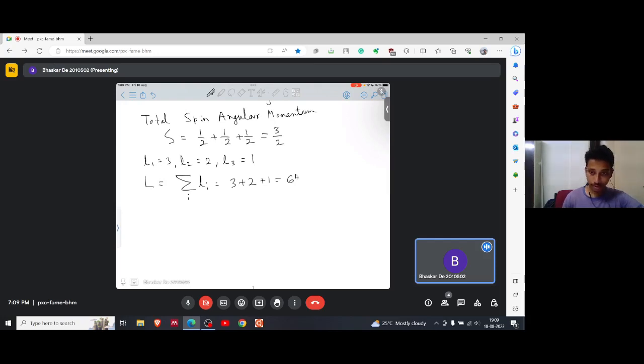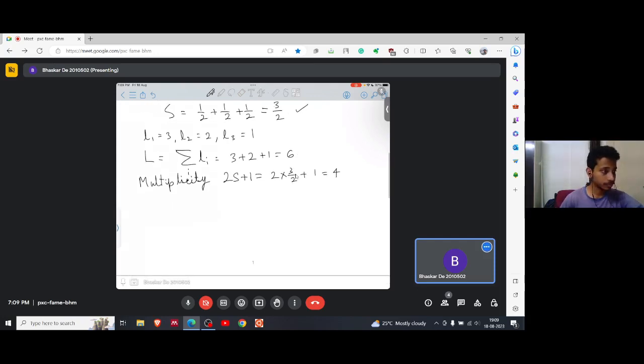I have already calculated the value of S, so the multiplicity 2S plus 1 equals 2 into 3 by 2 plus 1, which is 4.